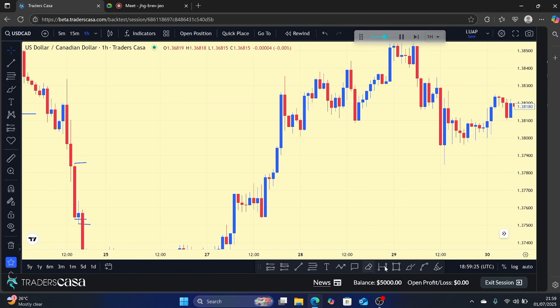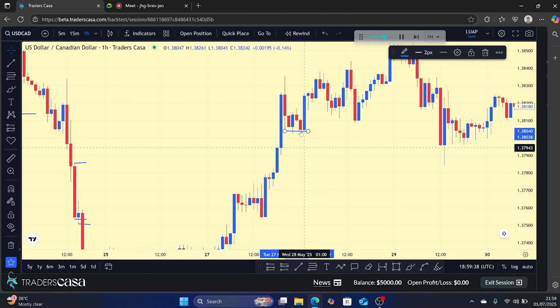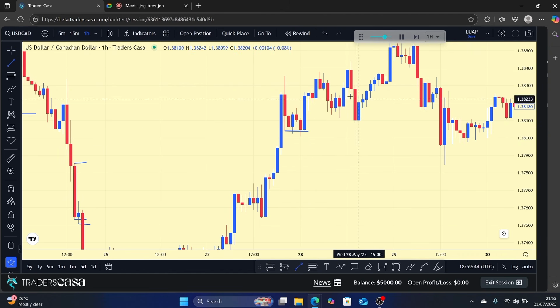Again, this one here. You can see price has been breaking past the highest point until here, where price now broke past the lowest point with some wicks here, and then price now broke past the highest point. Again, after that, price broke past the lowest point of this candle, exactly right there.